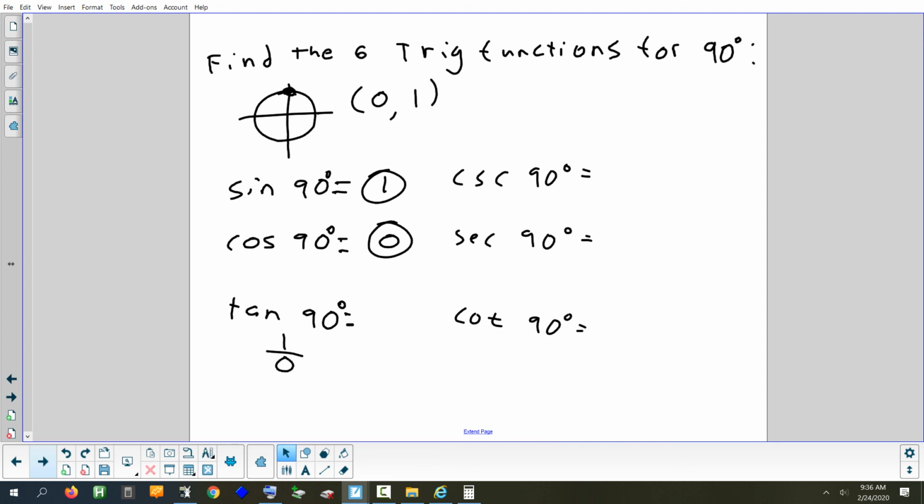And what would you get if you try to do 1 divided by 0? You can't take a number and divide by 0. A number divided by 0 spells no. No means you can't do it. A number divided by 0 doesn't work. So we write undefined.